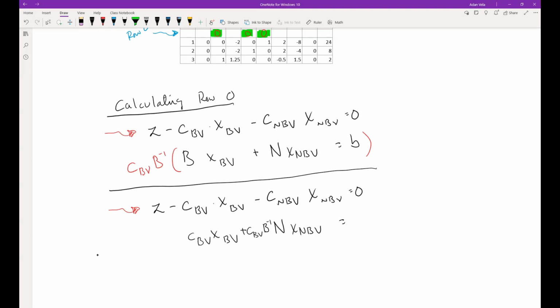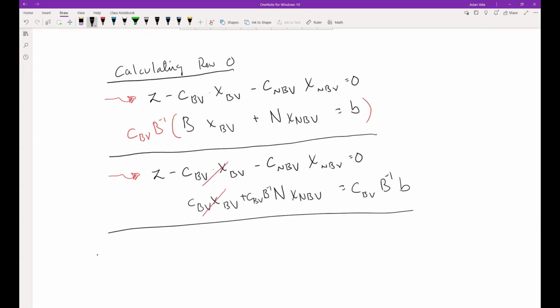And finally, for the right-hand side, we've got that. Okay, so at this stage, we can add these 2 equations together and we see these 2 guys cancel out. All right, so after adding them together, we get Z minus CNBV XNBV.